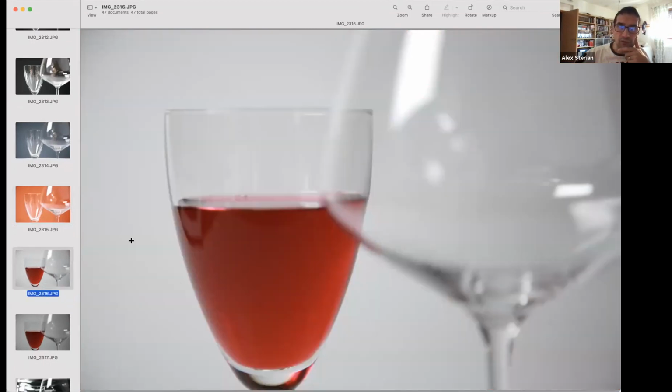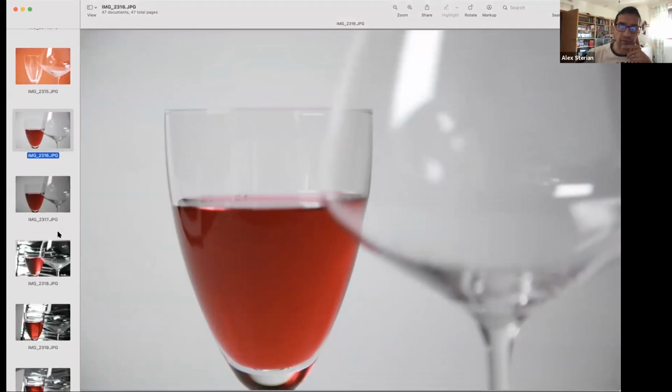As well, when we want to shoot liquids, and I told you liquids have different properties as well, when we want to keep the hue and the saturation of the liquid.